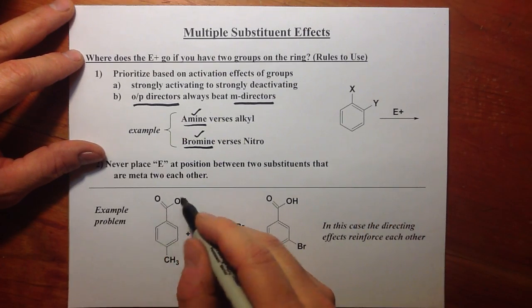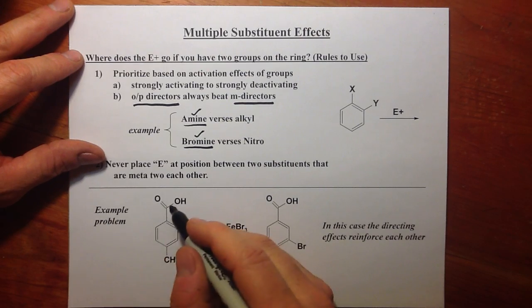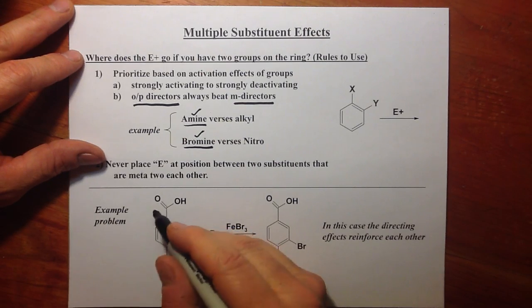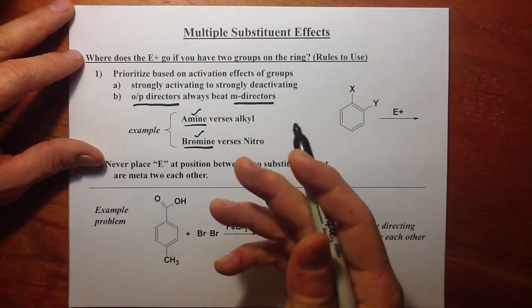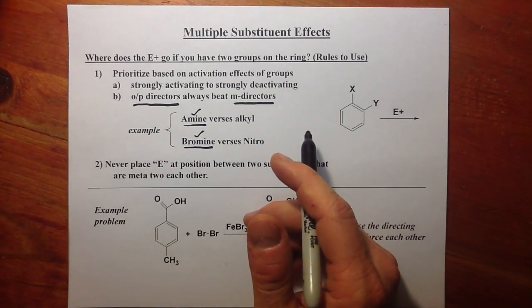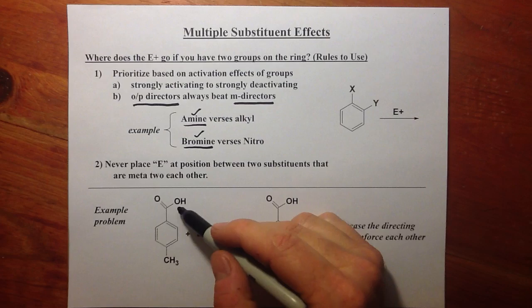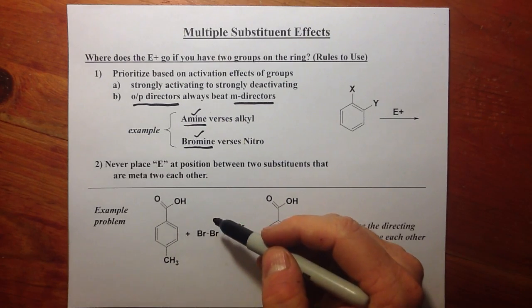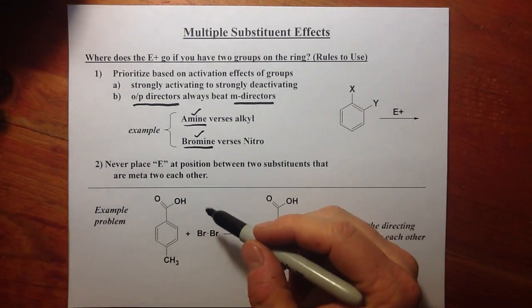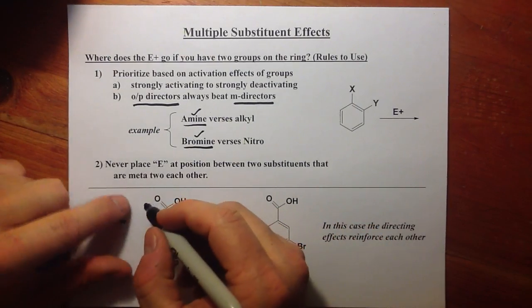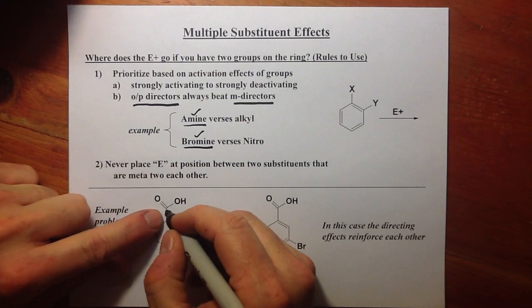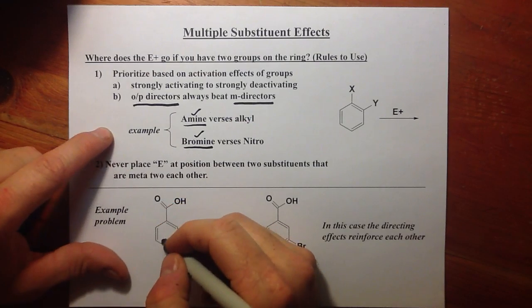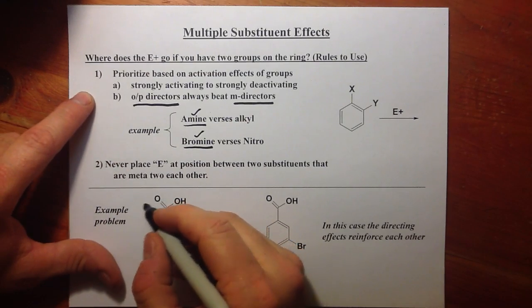If we have a carboxylic acid group and a methyl group, we want to tag these first, do structural analysis, so to speak, and then determine which one's going to direct where the electrophile goes. So this carboxylic acid group has an atom connecting the group to the ring that's in a pi bond to a heteroatom.